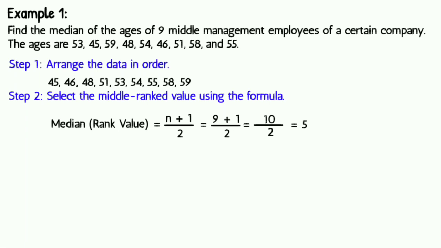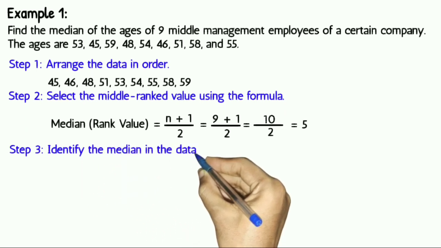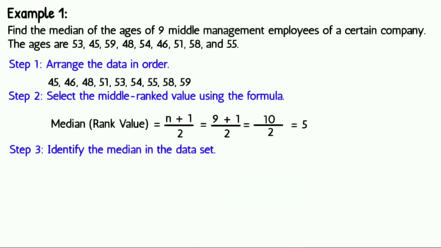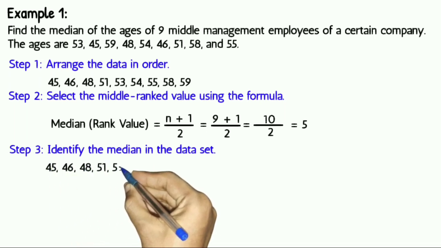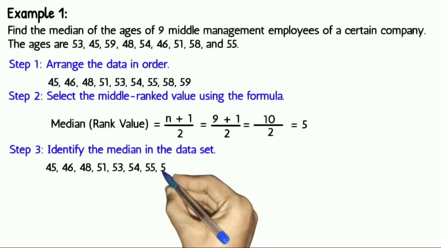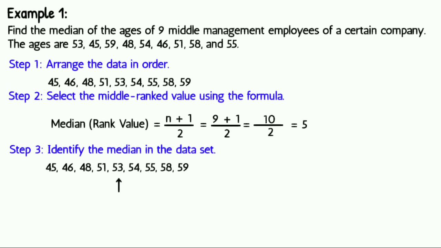If n is odd, the median is the middle rank. Now, ang ating step 3 is to identify the median in the data set. So, isulat natin 45, 46, 48, 51, 53, 54, 55, 58, and 59. Since yung na-compute nating median ay 5 dun sa ating rank value, kukunin natin yung 5th value dyan sa ating data set or data array.